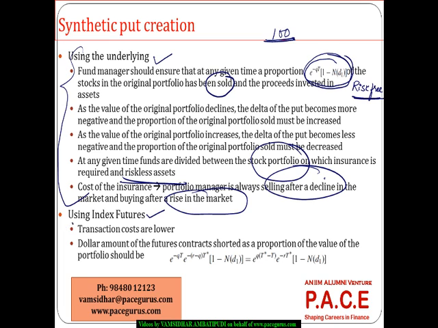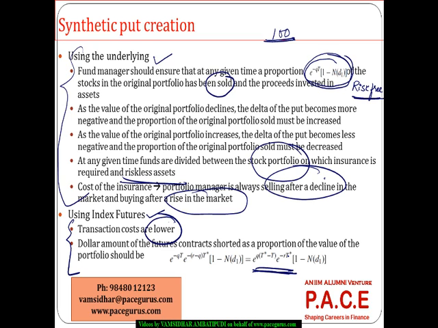But the same process I can repeat using futures, where the transaction costs are much lower. So instead of doing the same process using the underlying, we can execute it using index futures, wherein I go short a proportion of futures contracts, as a proportion of the portfolio value.